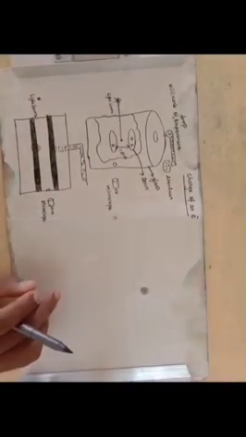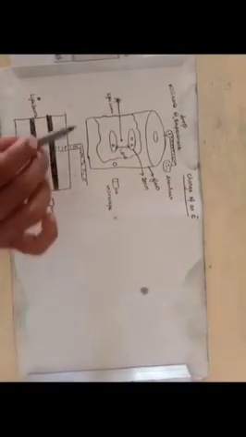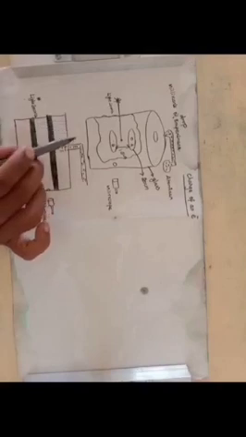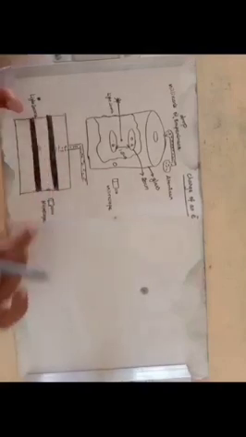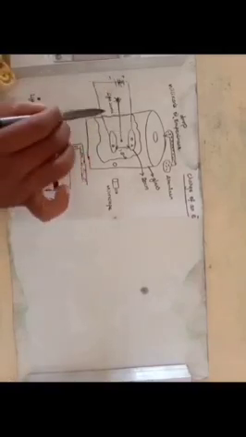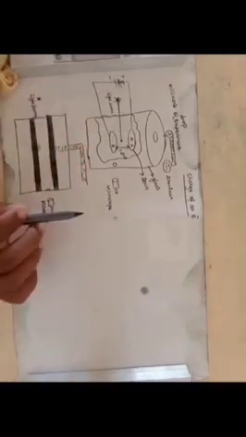The plates A and B are maintained at a high potential difference of around 10 kilovolt.